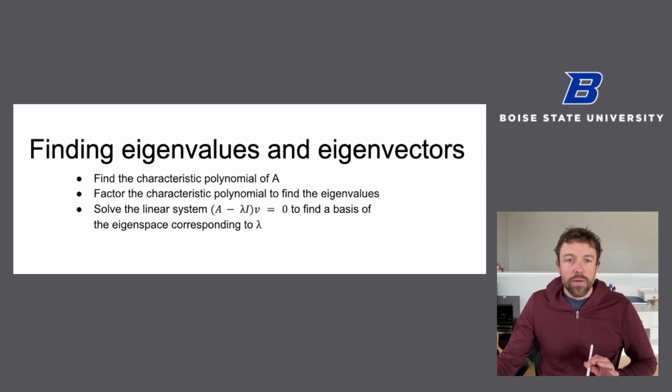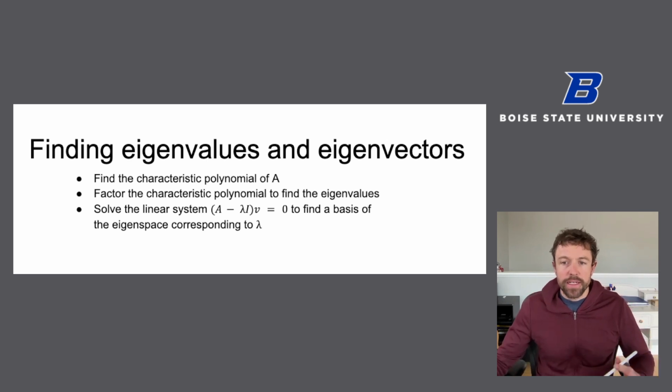This polynomial was mentioned in the 3Blue1Brown video, but I want to remind you what it is because I don't think he refers to it as the characteristic polynomial. He just says what it is.